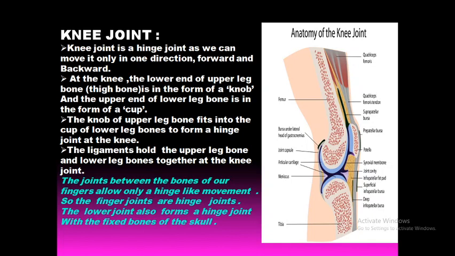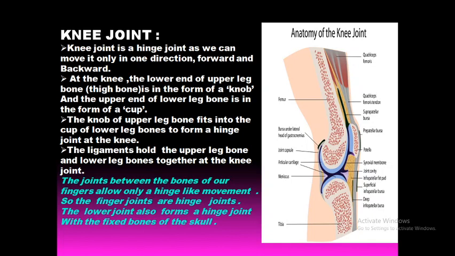The lower end of the upper leg bone, or the thigh bone, is in the form of a knob, as we had seen in the case of the upper arm, where the lower end of the humerus is knob shaped.